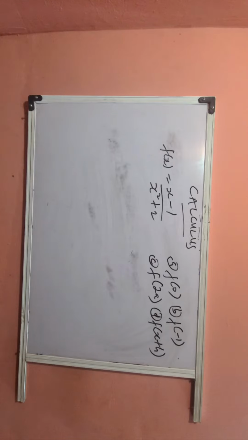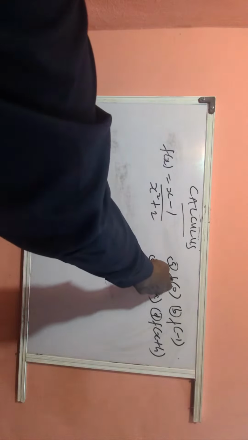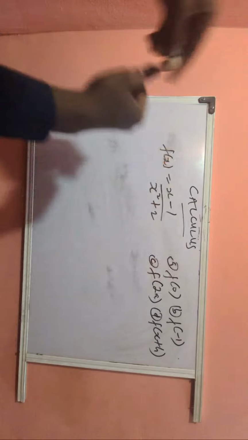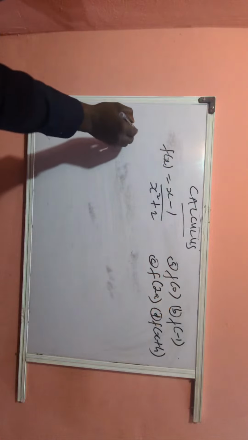Now, just to ensure you have a robust understanding of what we're doing right here, I believe everybody should have a very good idea of what they are supposed to do, because what you're going to do here is basically just substitution. So when you have a question like this and you're told to find f of 0, it's like you had f of x.